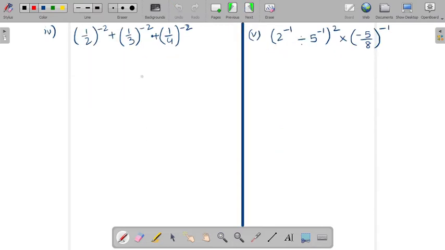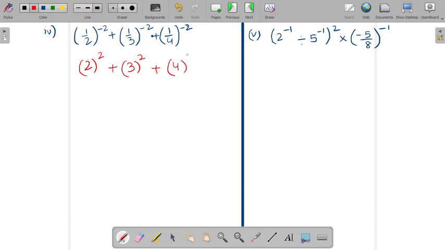Next part. In the fourth part, now the power is minus 2. It is again a negative exponent, but the power is minus 2. So reciprocal it. So it will become 2 by 1 or 2, and the power will become positive. Similarly 3 by 1, so power will become power 2.